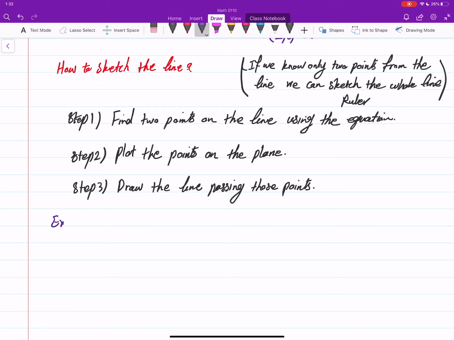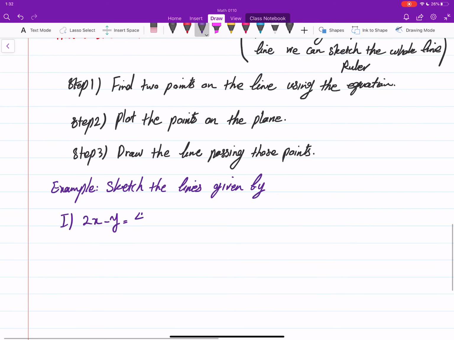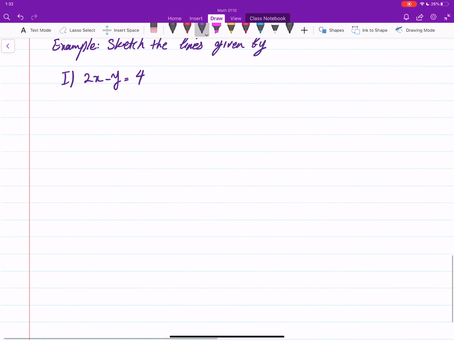The example: sketch the lines given by the equation we have been working with, 2x minus y is equal to 4. Let me do two more. x equals 3.